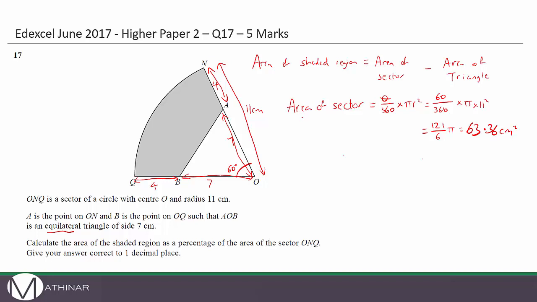Now let's work out the area of the triangle. So the best formula to use here would be a half AB sine C. So half. Now A and B would be these two lengths here, 7 and 7. Sine, and then C would be 60 degrees.